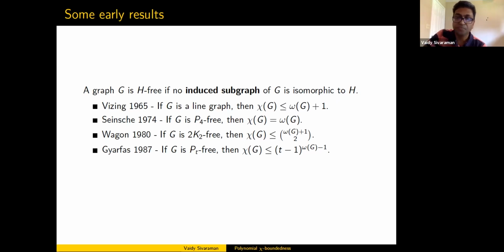So the Seinsche result is very nice, and it's different from the bottom 2, because what he does is he gives a way to construct all P4-free graphs. P4-free graphs have become very famous. They're called cographs now, short for complement reducible graphs. And he gave a very simple construction.